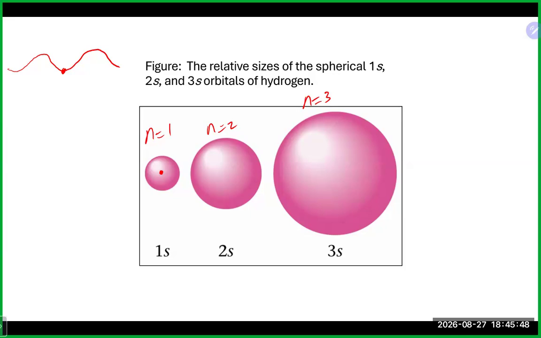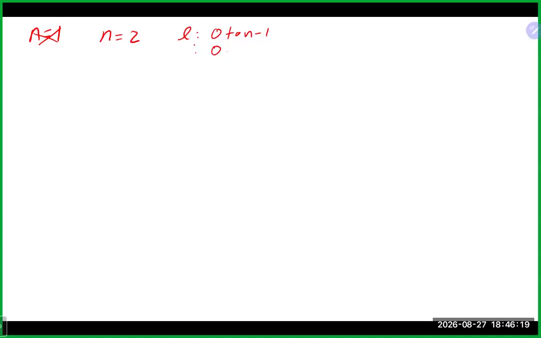So in terms of our next set of orbitals, if we think about what's happening as we go to the second energy level, and we think about our quantum numbers, we already have our n equal to 1, which is our first. But now when we go to the second energy level, our n is equal to 2, which means that our L could have a value of 0 to n minus 1, which means we could have 0, or 2 minus 1, which is 1.